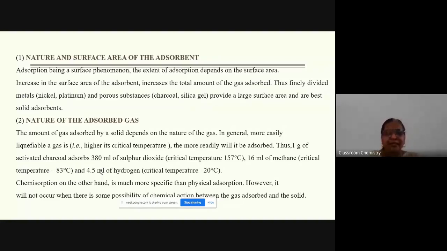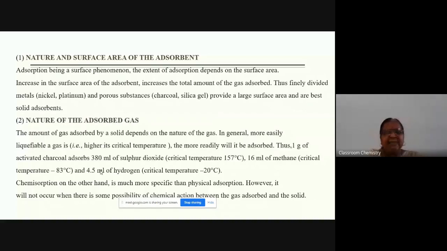म्हणजे जर सल्फर डायऑक्साईडचं एक्झाम्पल घेतलं, त्याचं क्रिटिकल टेम्परेचर हायर आहे, 157 degrees centigrade, and the amount adsorbed is higher. 380 ml of sulfur dioxide gas is adsorbed by only 1 gram of activated charcoal. म्हणजे इथं अमाऊंट adsorbentचं सेम ठेवलेलं आहे. 1 gram of charcoal adsorbs 380 ml sulfur dioxide, then 16 ml methane and 4.5 ml of hydrogen.